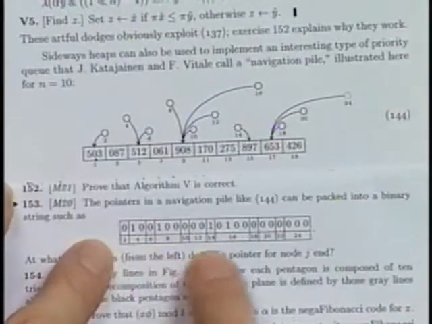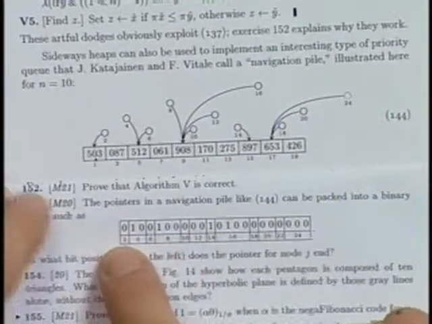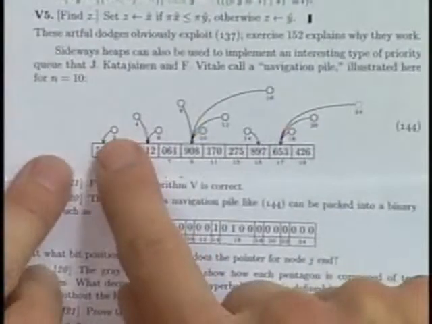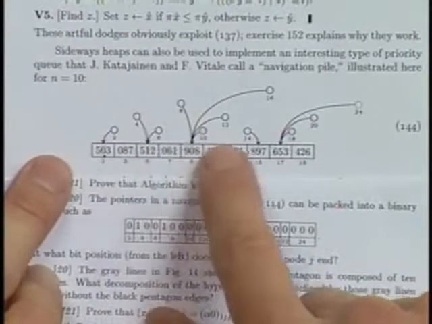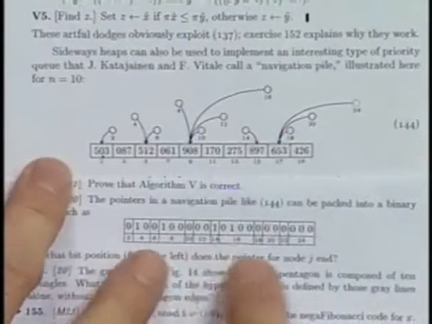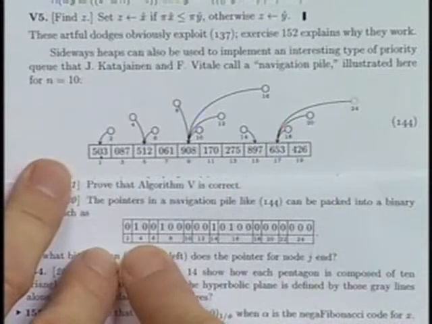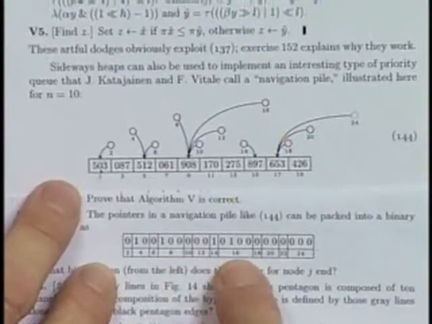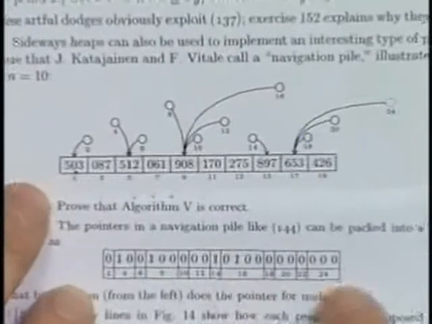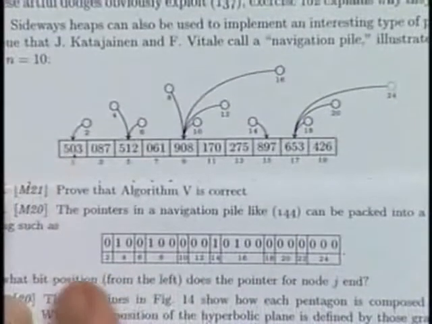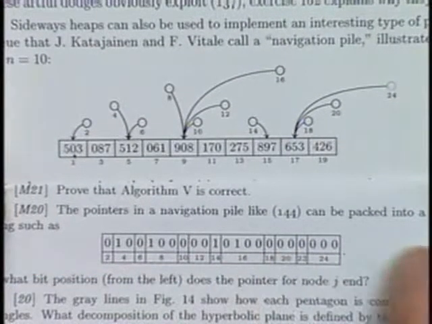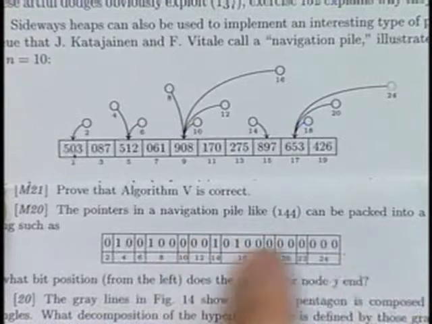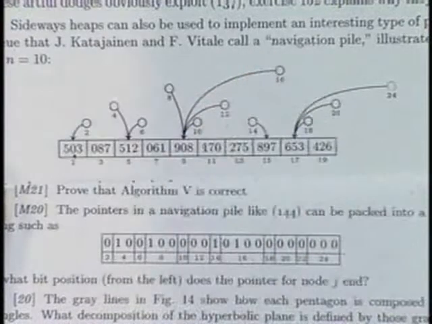Exercise 153 says we could pack the pointers in a binary string. So the first pointer from 2 is a 0, from 6 is a 0, from 10 is 0, 14 is a 1, and the pointer from 4 is a 2-bit number. Pointer from 8 is a 3-bit number. Pointer from 16 is a 4-bit number. And the question is, what bit position from the left is for the pointer from node J?